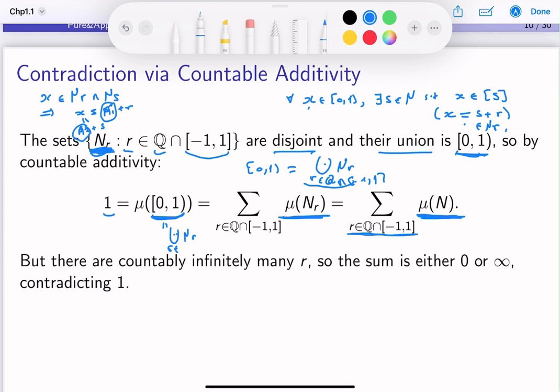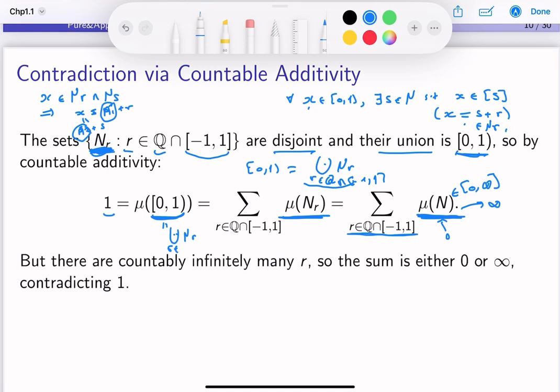If I'm summing a constant infinitely many times, there are two things that can happen. Remember, this thing belongs to [0, infinity], right? So it's either 0 or infinity, or a positive number. It cannot be a positive number, or if it were infinity, then this would mean that this sum on the right is going to be infinity, okay?